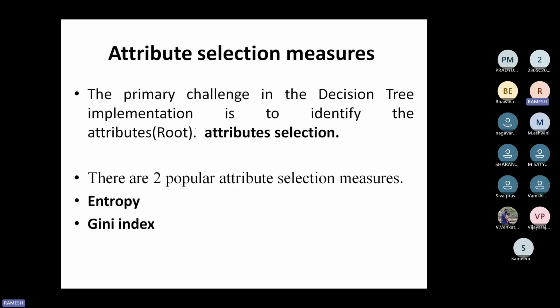For selecting a root node or its intermediate nodes, we are going to calculate the purity levels. Purity levels means how a feature is behaving with the target variable values. If the feature value is no, what is the target variable value?